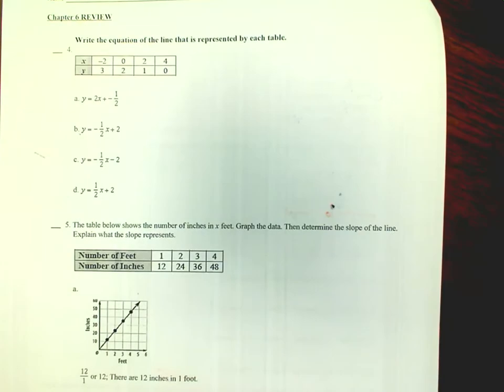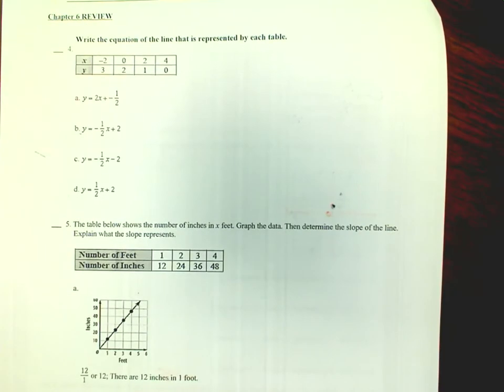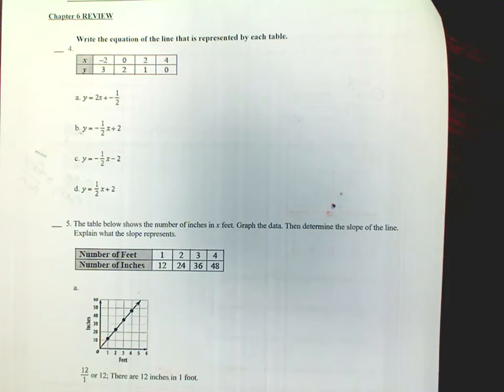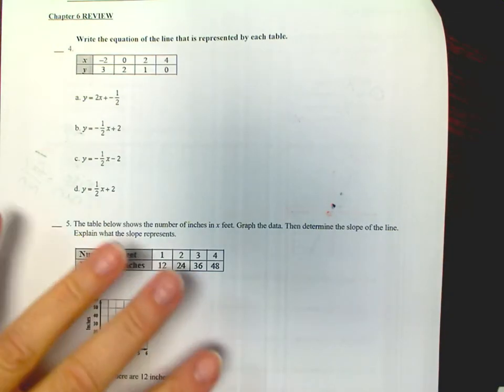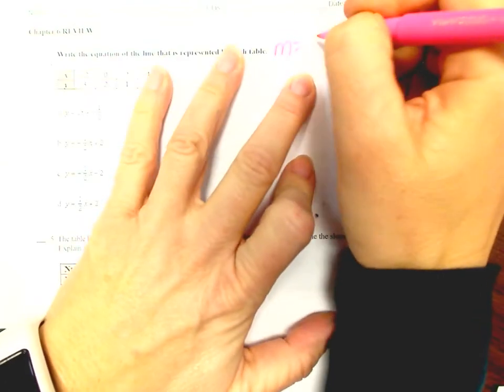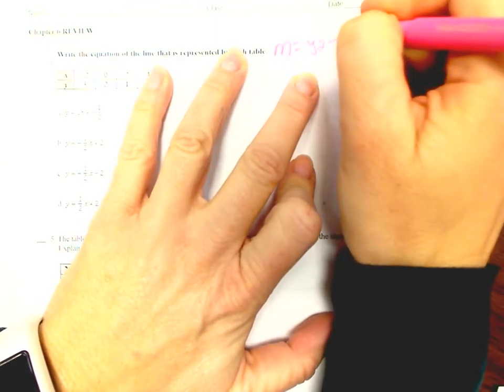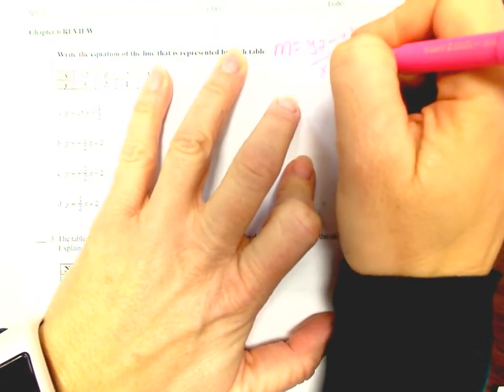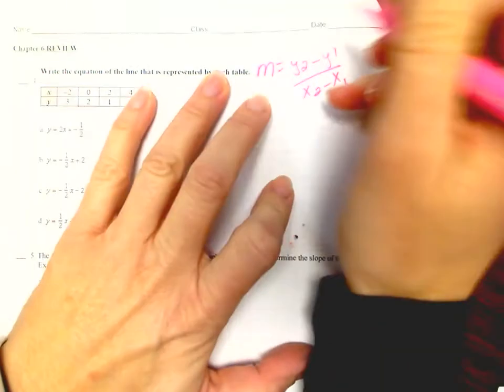Number 4. Write the equation of a line that is represented by each table. Remember, we said you can find the slope, which is m, equals y2 minus y1 over x2 minus x1.